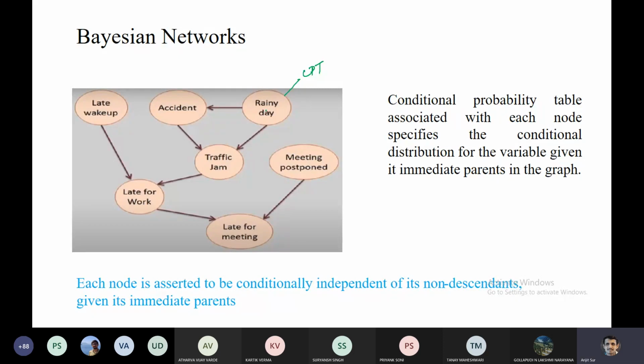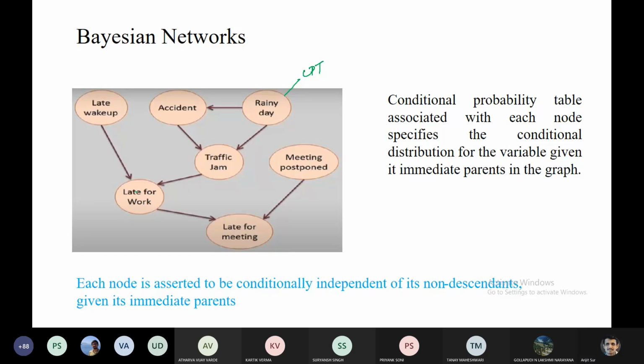One thing is very important here: each node is asserted to be conditionally independent of its non-descendants given its immediate parents. So we can say late for meeting is independent of late wake up given late for work.